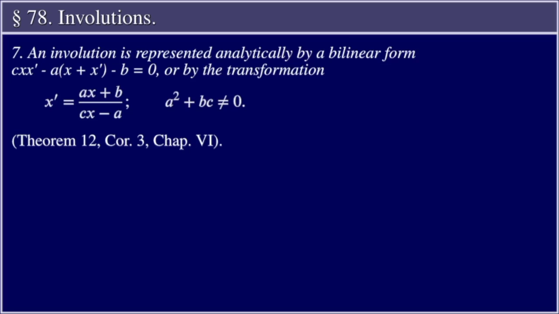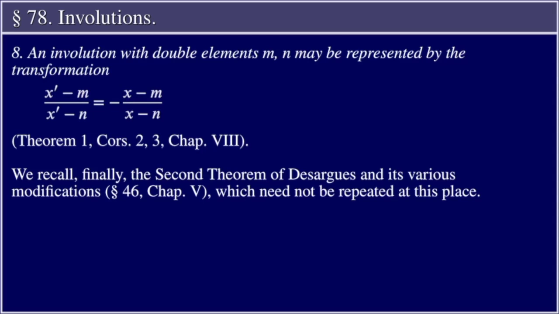Theorem 12, Corollary 3, Chapter 6. 8. An involution with double elements m, n may be represented by the transformation, the quantity x prime minus m divided by the quantity x prime minus n equals negative the quantity x minus m divided by the quantity x minus n. Theorem 1, Corollaries 2 and 3, Chapter 8.